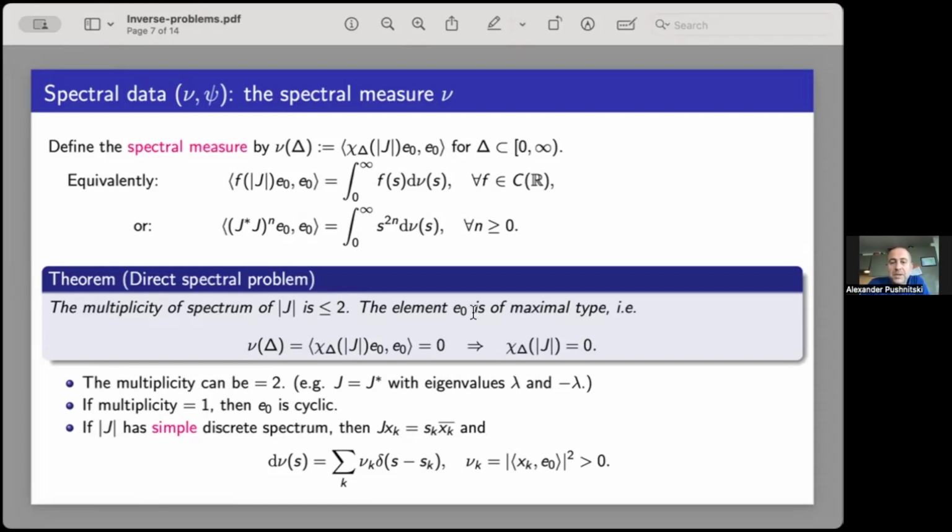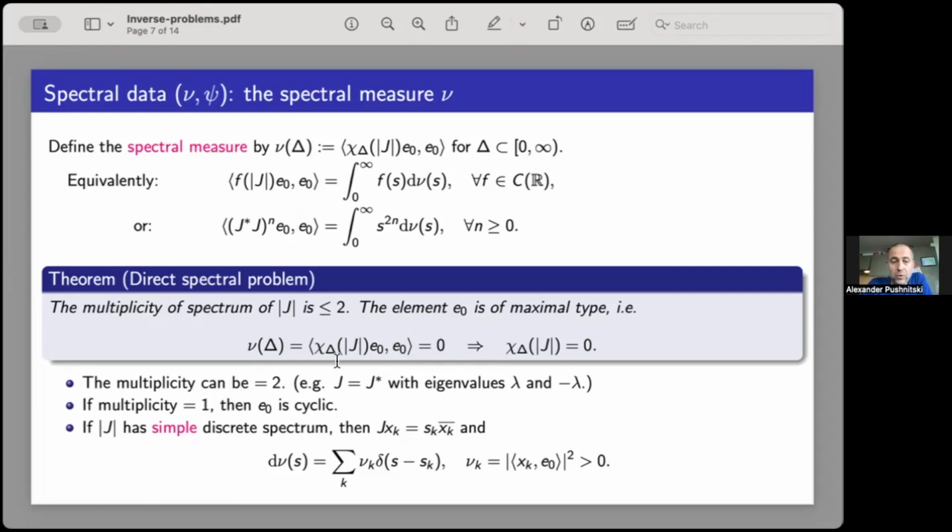And then the element E naught is of maximal type. This is a kind of generalization of cyclicity, I would say. It says the following: imagine that our measure nu vanishes on some set. It means that on this set, we have no spectrum. So in some sense, by taking this quadratic form, we do not miss any part of the spectrum of our operator.